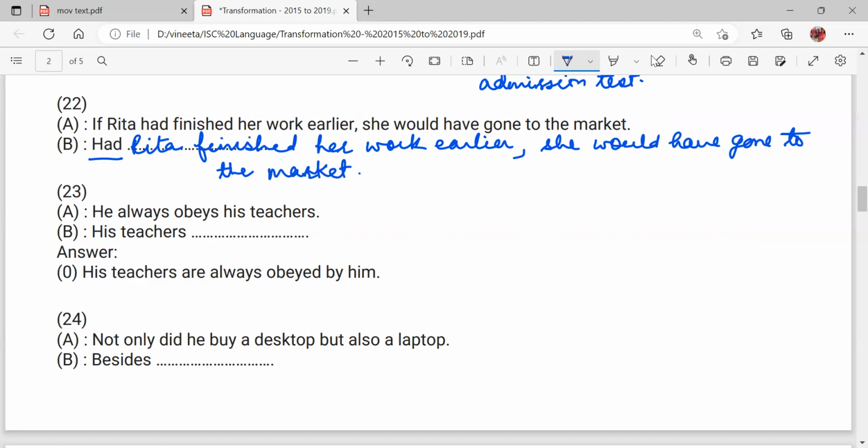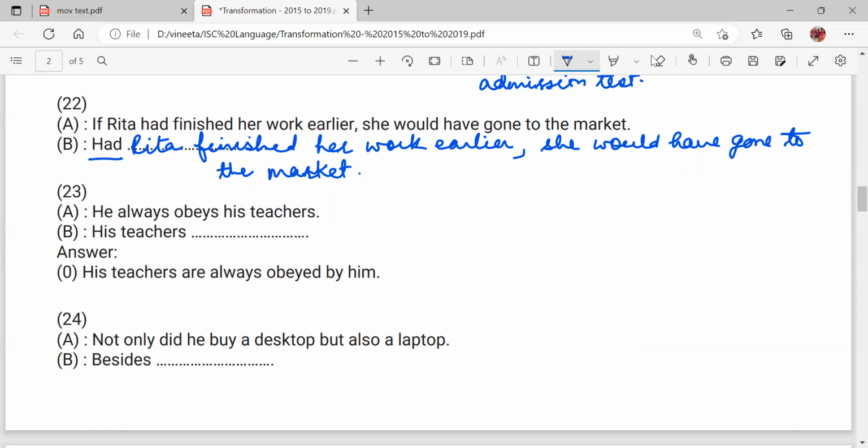The only difference is that we have omitted if. And if we omit if, then had comes before the subject. Like for example, if I were a bird, I would fly. Were I a bird, I would fly. So in conditional sentences, sometimes we can omit if like this. Don't get confused about it. We begin with that auxiliary verb only.